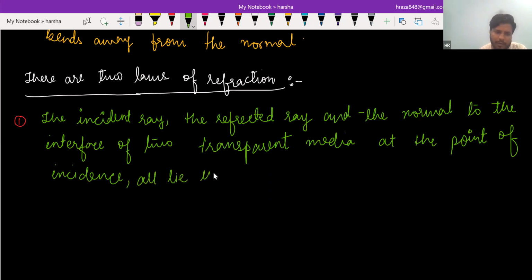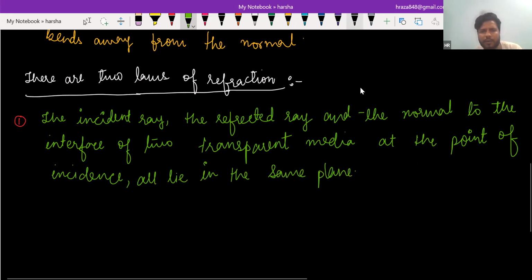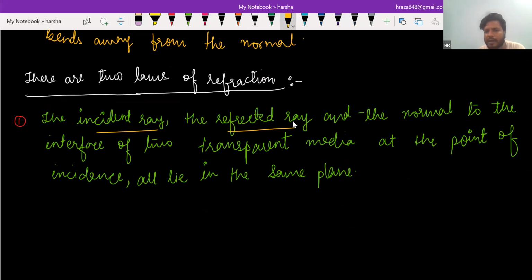This is almost similar to the first law of reflection, that the incident ray, the refracted ray, and the normal all lie in the same plane.